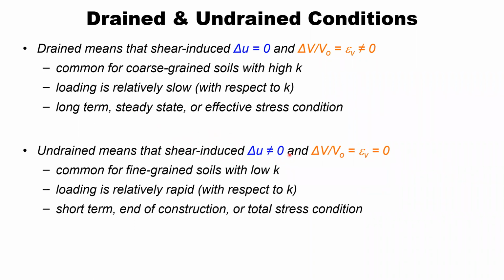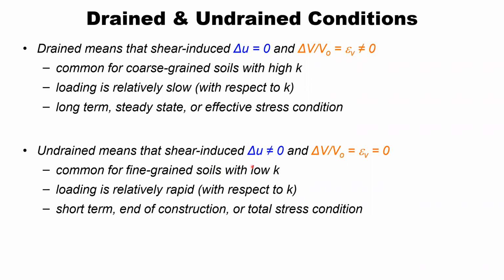That is, as we load the soil, we saw from the piston analogy that as we load that soil or the tailings, initially the stresses or the load is transferred to the pore water. That is true whether we are compressing that soil or shearing that soil. The load is transferred to the pore water commonly.